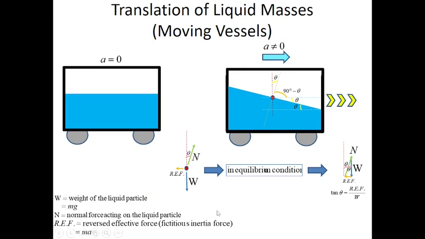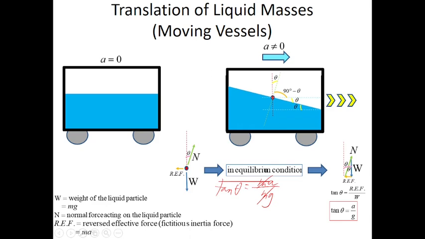Alright, so likewise, the weight is equal to the mass times the acceleration due to gravity. And then tangent theta, so ano yung reverse effective force? MA. Ano yung ating weight? mg. So cancel ang mass, so A over G yung ating formula. So yan ang kanilang relationship.